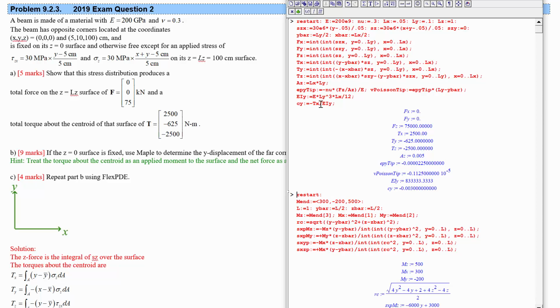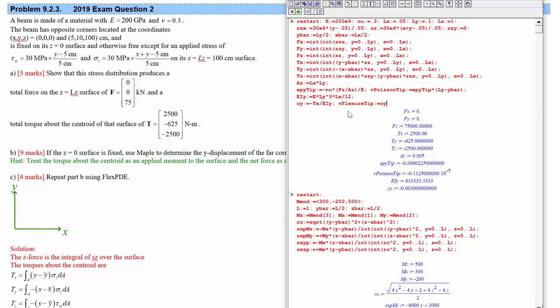And the curvature is going to be constant all the way along the beam. So that lets us pretty easily integrate it twice and figure out what the flexure tip is at this surface. Integral of Cy twice, but when we integrate it twice with respect to z, we're just going to be multiplying it by z squared over 2.